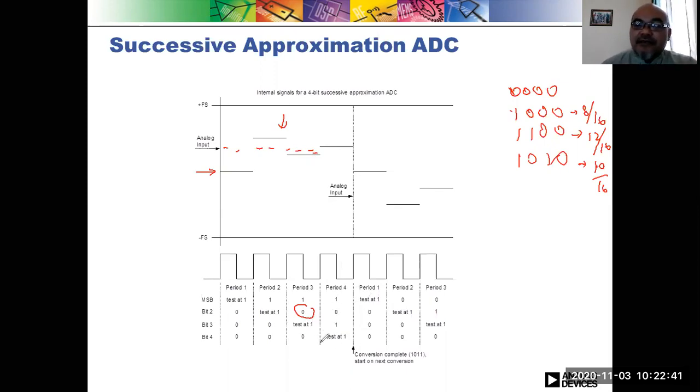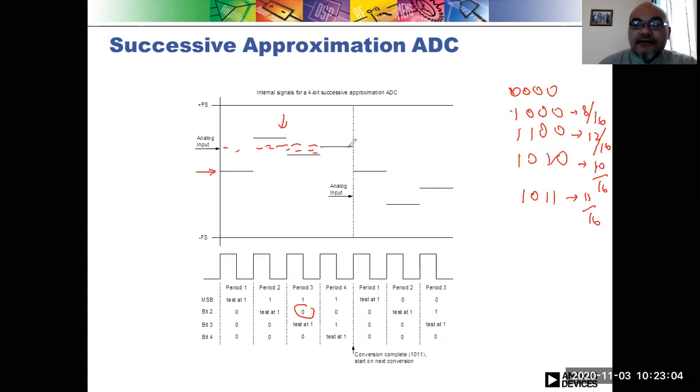So the least significant bit, the LSB, bit 4, it now tries to approximate as 1 0 1 1, or 11 out of 16. When it approximated it as 11, we see that the value is high, or more similar.